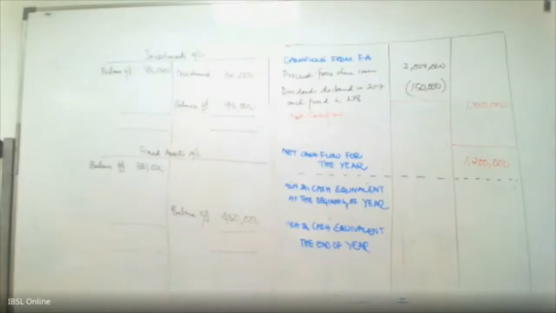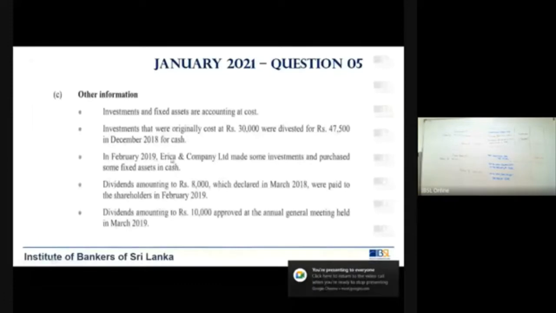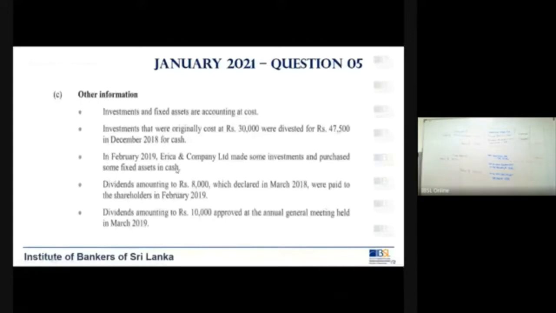Then the next part. In February 2019, Erica and Company Limited made some investments and purchased some fixed assets in cash. During the year, they have purchased some new fixed assets and they have also made some investments. In both these cases, cash will go out.